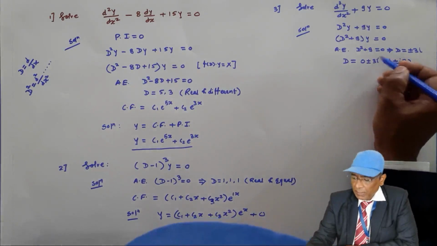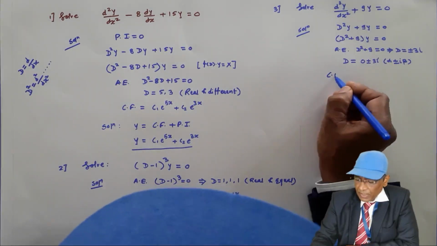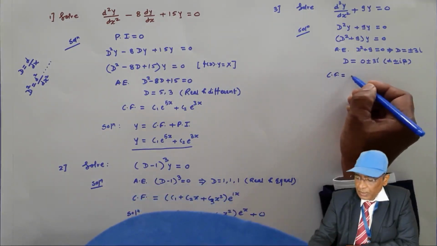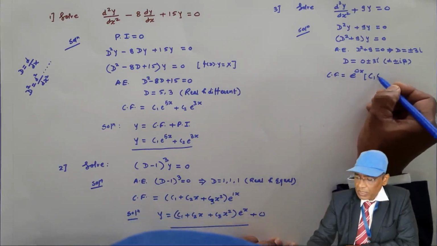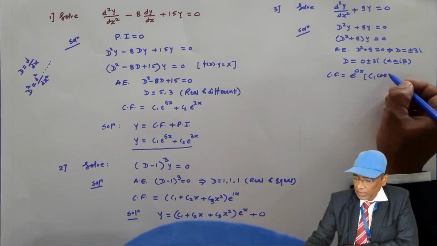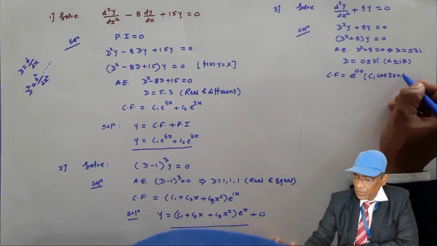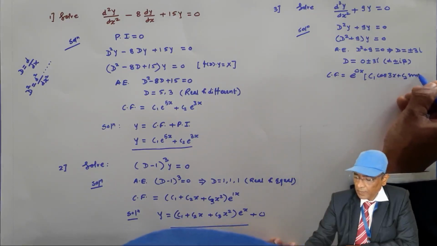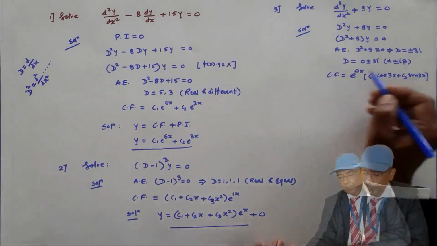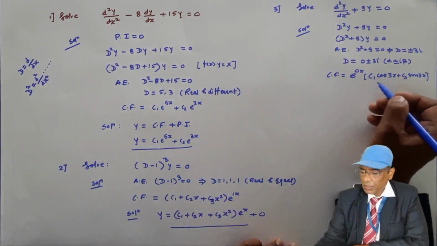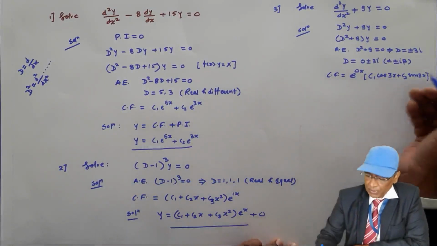These values are imaginary and different, therefore the complementary factor is what? e to the power 0x in brackets c1 cos of 3x plus c2 sin of 3x. Here alpha is 0 and beta is 3. The c1 cos 3x plus c2 sin 3x will be the complementary factor.